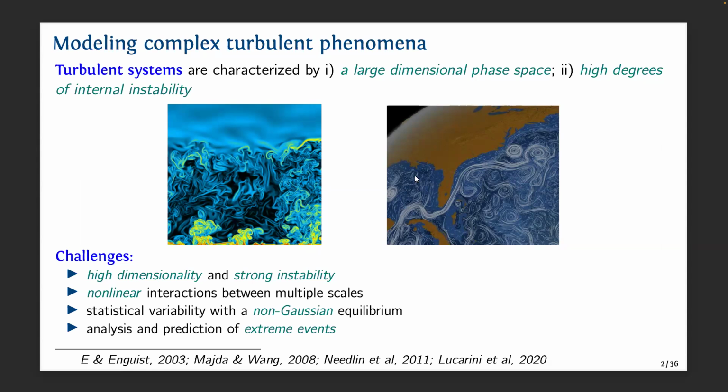But in practice, this is also not enough because of the other issue, that is a strong instability in such type of system. In other words, if we have a small amount of error in the initial value or in the forcing perturbation, this will be amplified greatly in time. This makes deterministic prediction very challenging because we will introduce errors from discretization, from model approximation, and from different other sources.